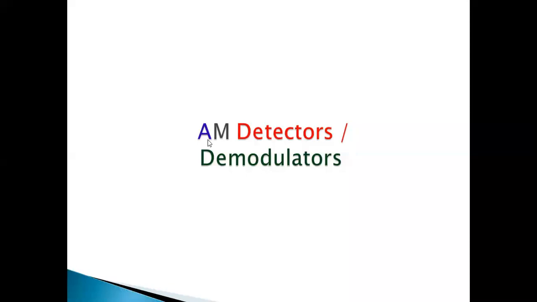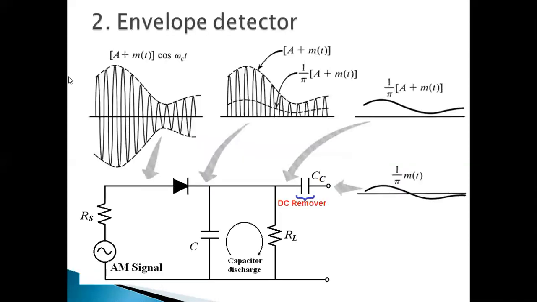Remember, I am not using the modulating signal. We are using the modulated wave for the purpose of demodulating that modulated signal. The method is called the envelope detector. This is the basic method we use for detecting the amplitude modulated wave.